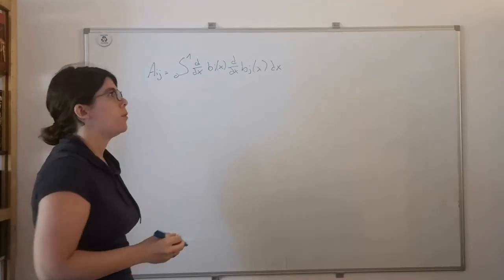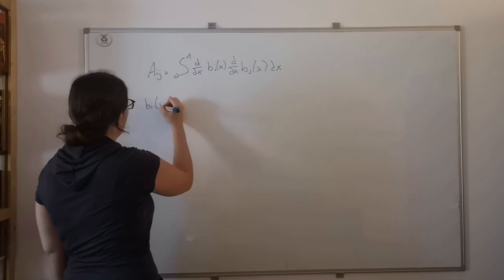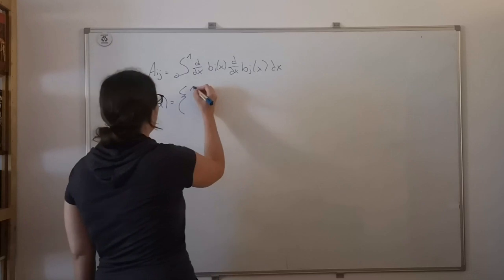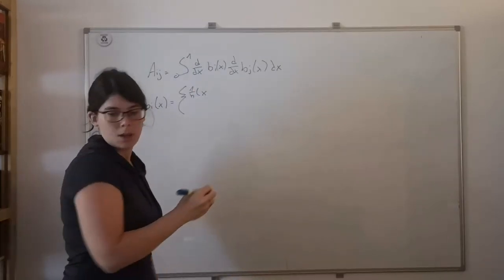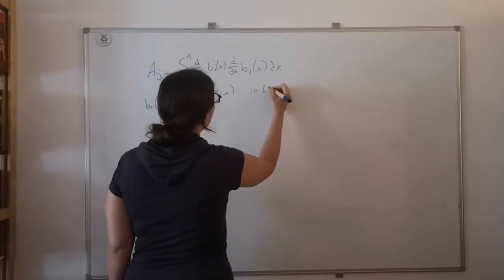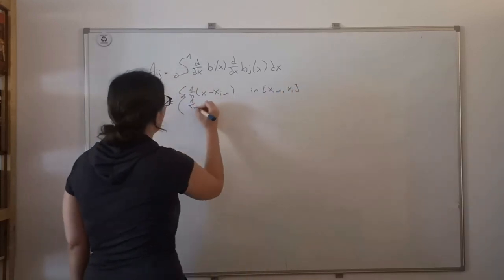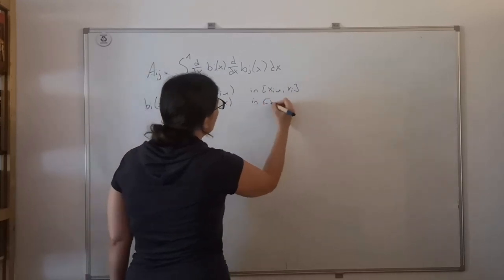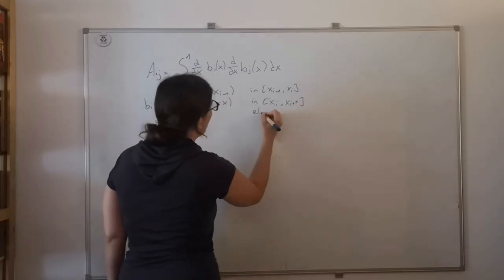So this is the matrix that we want to compute, and we already know the form that b_i has. This was just 1 over h times (x minus x_(i-1)) in [x_(i-1), x_i], 1 over h times (x_(i+1) minus x) in [x_i, x_(i+1)], and 0 otherwise.